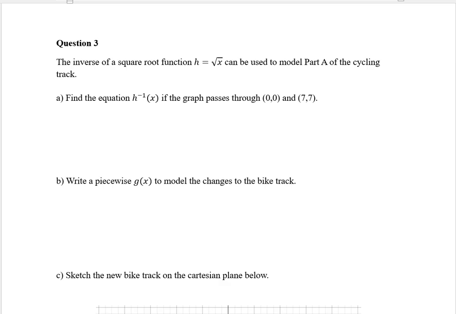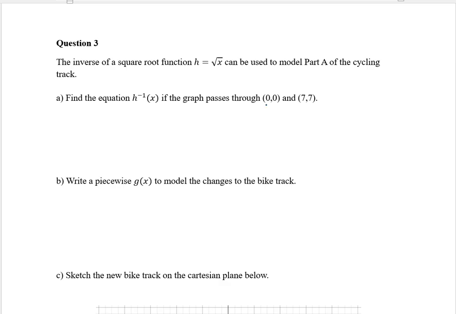The inverse of a square root function can be used to model part A of the cycling track. Find the equation of the inverse if the graph passes through 0, 0, and 7, 7. Okay, so the first thing I'm going to look at is my original function.